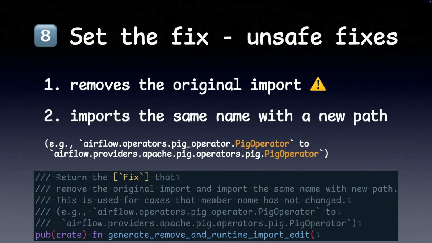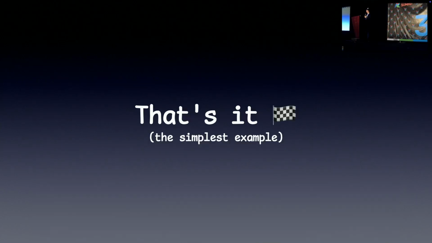So we need to remove the original import and then import from the new path. Removing the original import is considered unsafe by Ruff, but generally it should just be fine. And yeah, that's it for the simplest example.